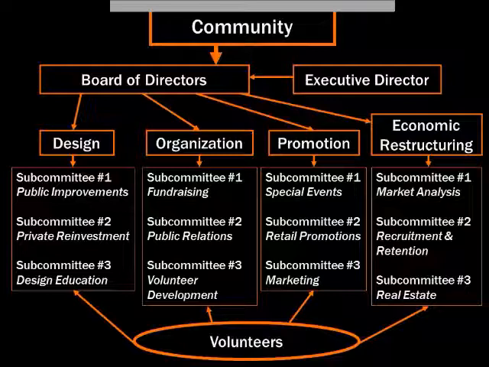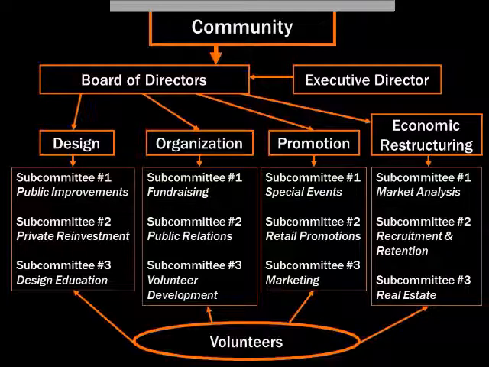Supporting the work of the committees and the board of the organization is this general pool of volunteers, and they're not volunteers who are assigned to a particular committee. They just help to implement the work of the organization. And we shouldn't forget about the executive director, who is typically the only paid staff position of a Main Street program.